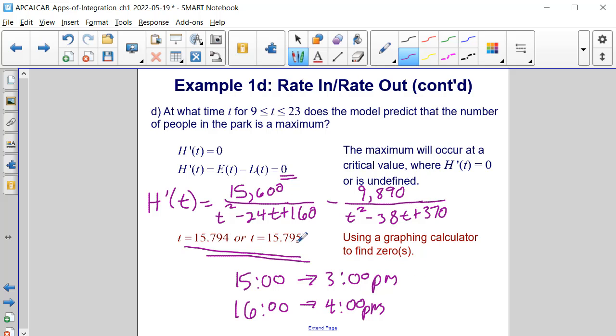It's probably closer to, say, 3:45 or 3:50 p.m. as the actual time of the day.